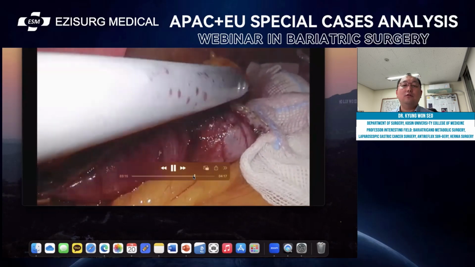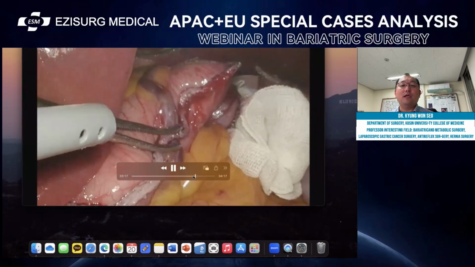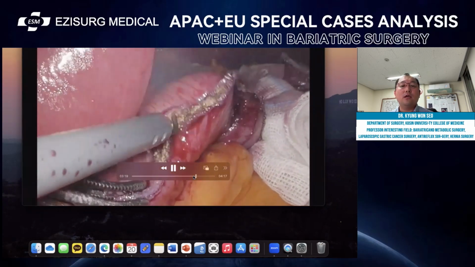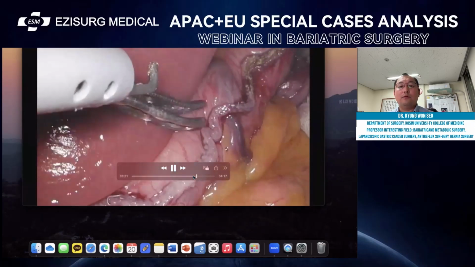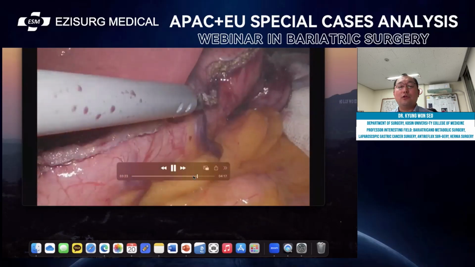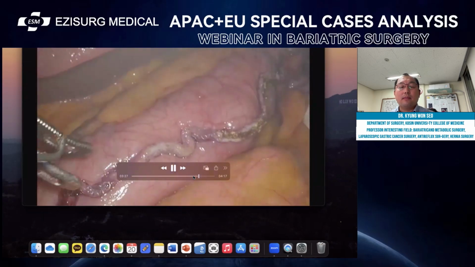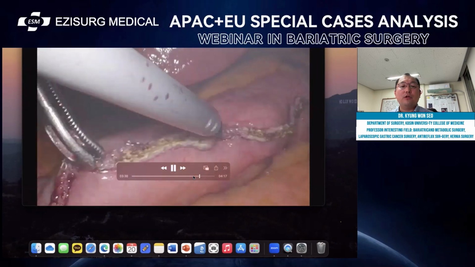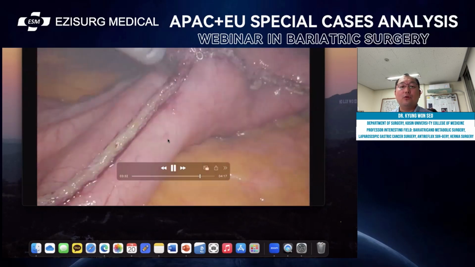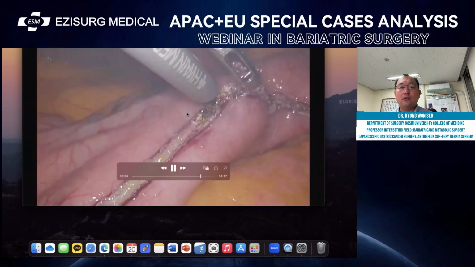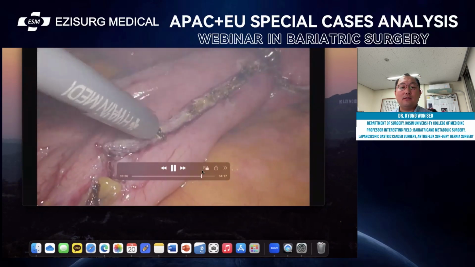To prevent staple line bleeding, we have to cautiously control the bleeding by electrocautery. And if you want to complete the bleeding control, we have to suture at 1 or 2 points of the staple line here, like this.